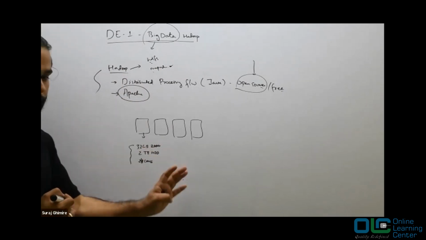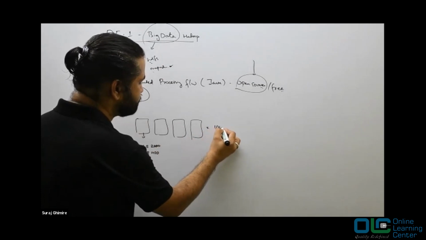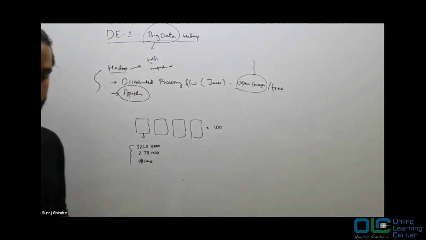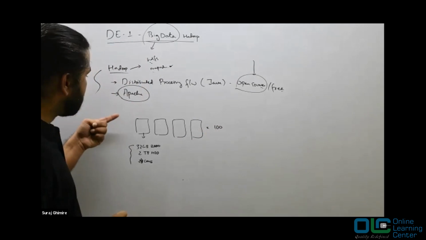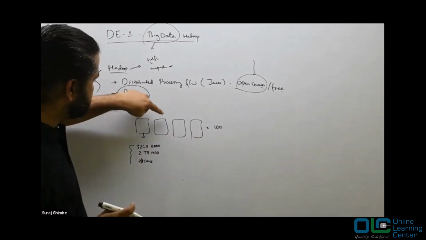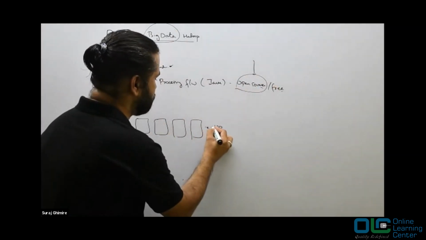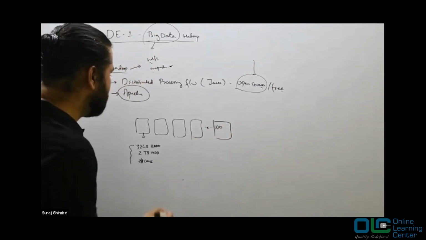Now let us try to understand. For example, let's say I have a 100 node cluster, which means I have one cluster which has 100 systems. System 1, system 2, system 3, system 4, dot dot dot, system number 100, and we call each a node.